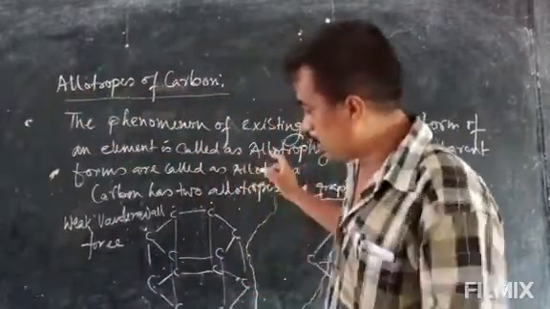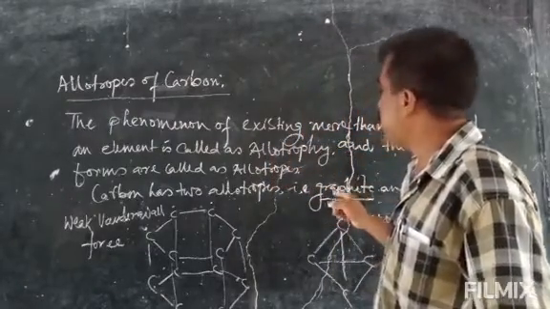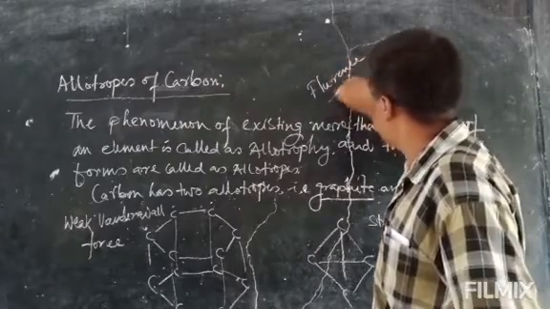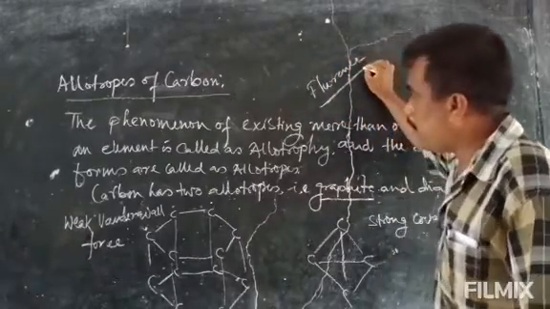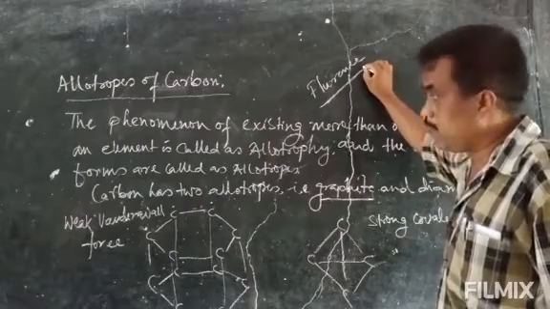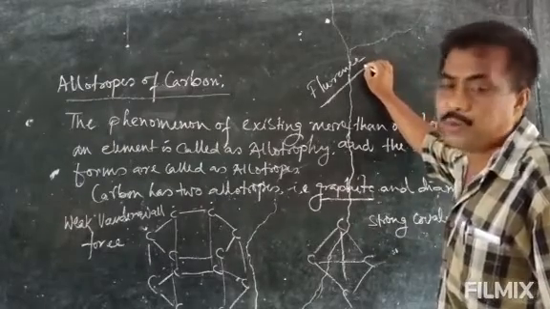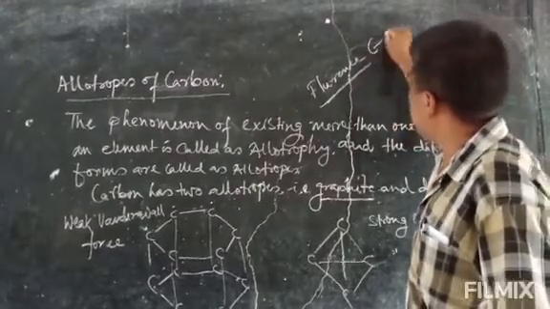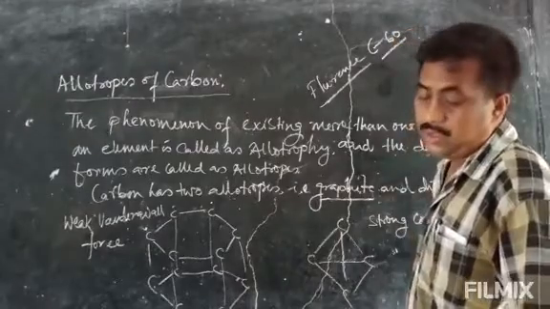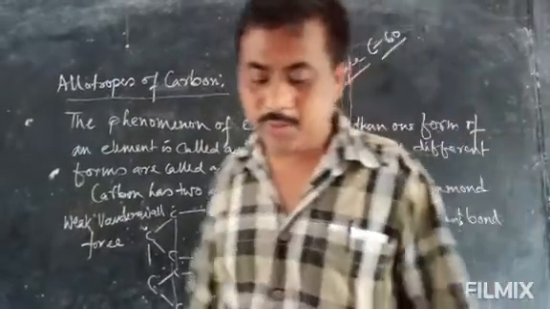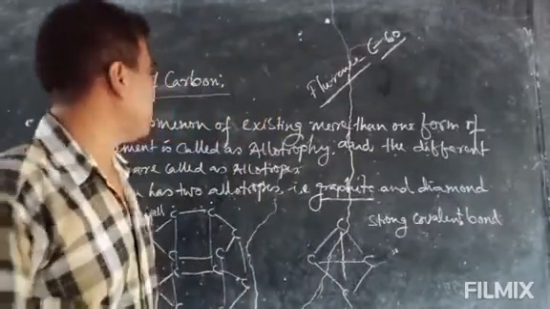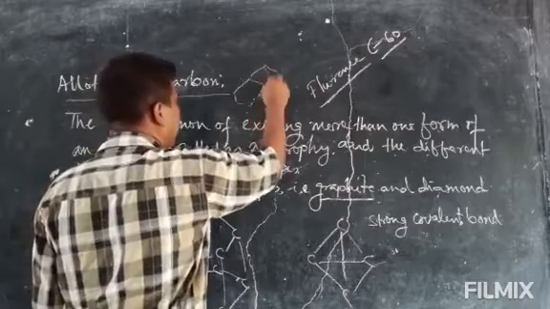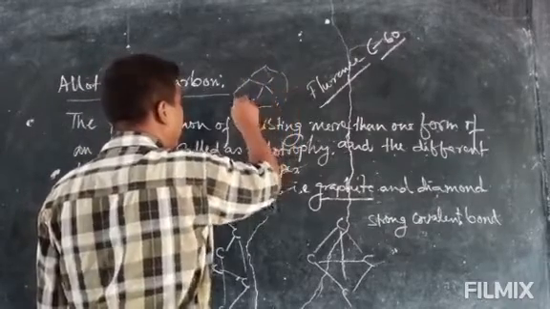Not only these two, diamond and graphite, there is another, fullerene. Fullerene is also another form of carbon whose structure is just like a football. Fullerene contains 60 carbon atoms joined in the form of a football. In a football you have seen like this, different parts are joined together to make the football.